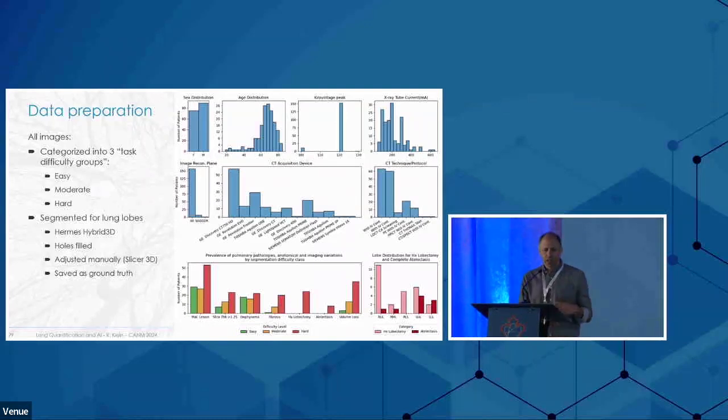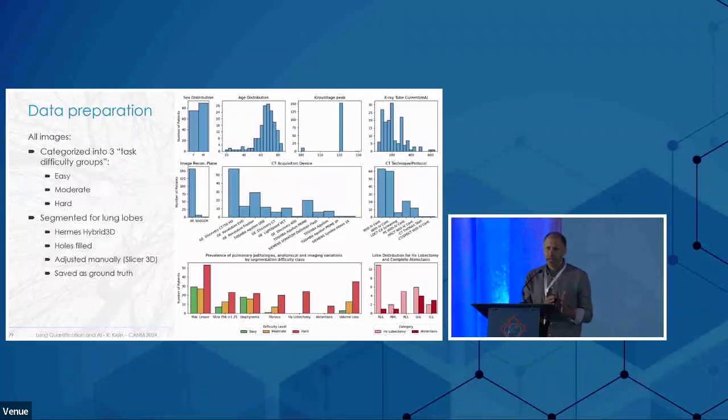And then you can see a wide variety of indications and types of scans. And then, of course, on the bottom, you see a wide range of diseases as well, or presence of diseases. And then also on the right, missing lobes, either through lung collapse or through previous surgery.